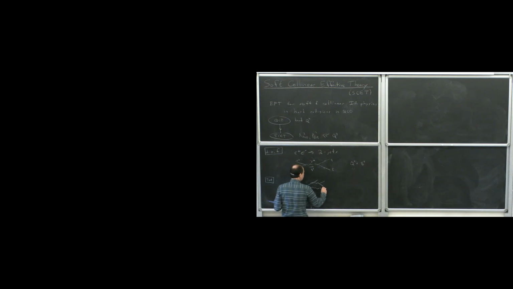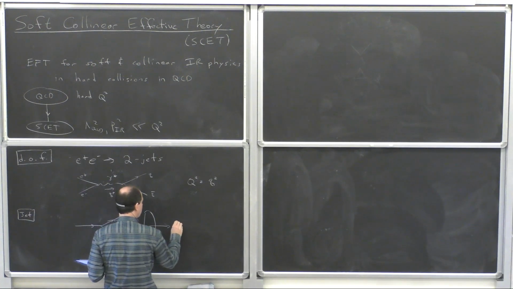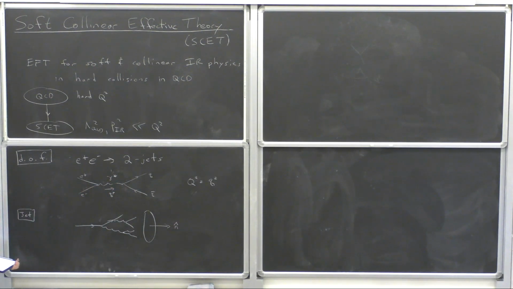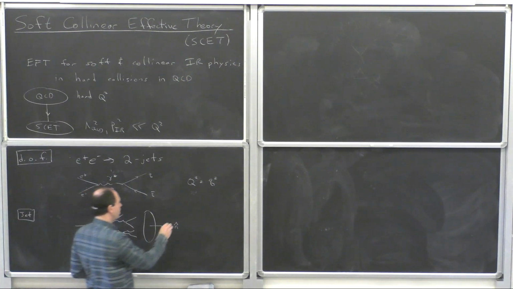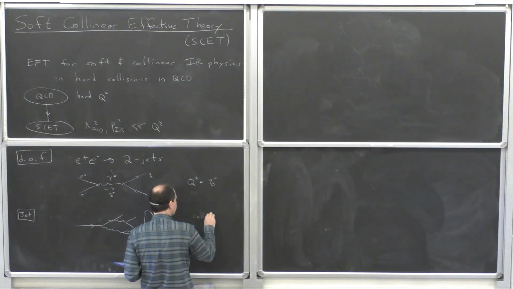And so we have this spray of radiation that forms a jet from that enhancement of collinear radiation. So there's going to be some jets formed from this process. In general, there's some direction of the jet. I'll call it n hat. So we have collimated radiation about some direction.